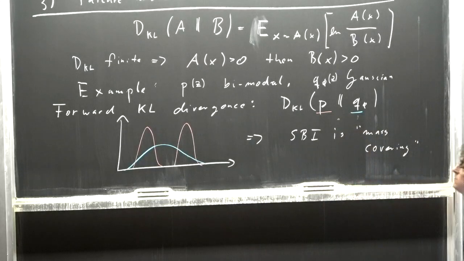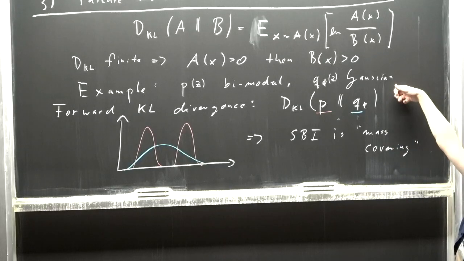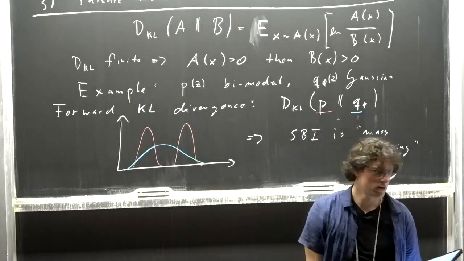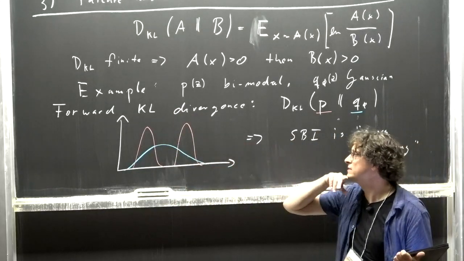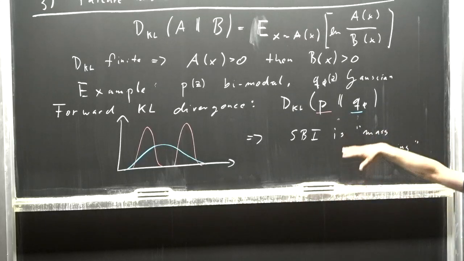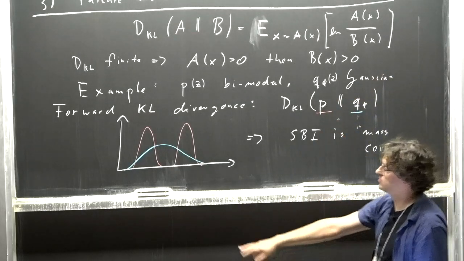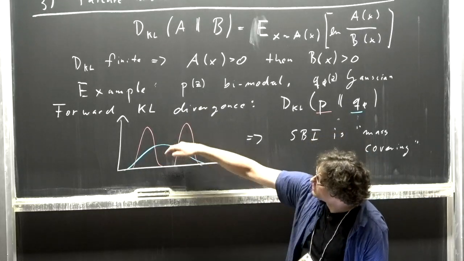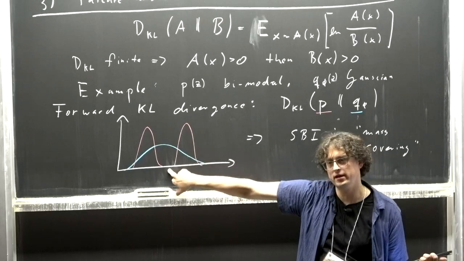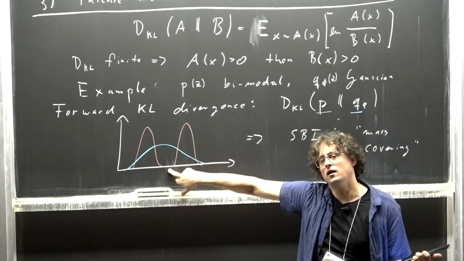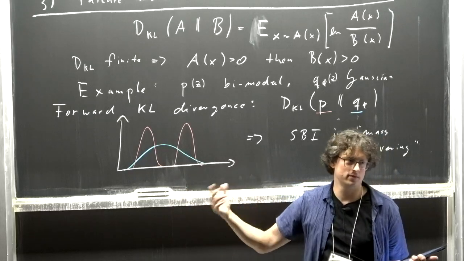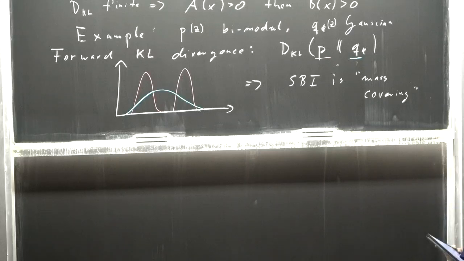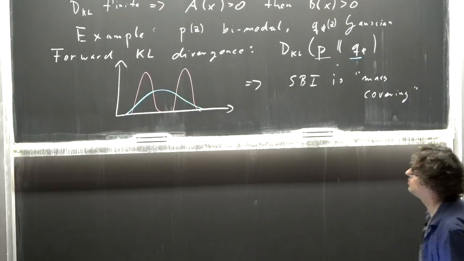If you use some function that is not flexible enough to accommodate the full complexity of the posterior at hand, then a tendency of simulation-based inference, or at least of neural posterior estimation, would be to try to cover everything that is non-zero. A consequence is that you also include parameter values in your posterior which were clearly excluded by the data. But at least you don't exclude stuff that is still allowed. So this would be the typical failure mode of forward KL divergence.